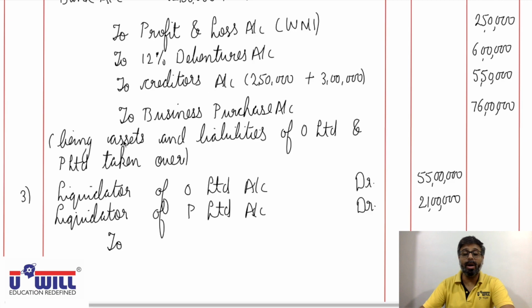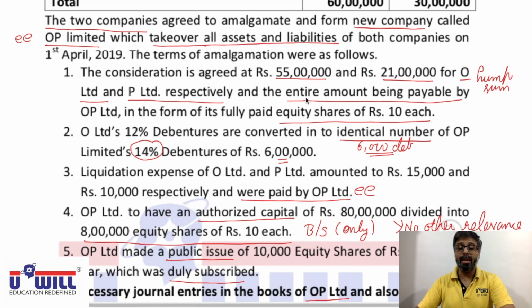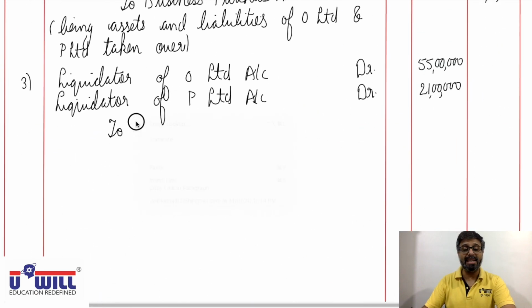To. Now, what are we going to give? Because it is merger and it is given in adjustment 1, entire amount being payable by equity shares of rupees 10 each. So this entire 76 lakhs is settled in the form of equity shares only.